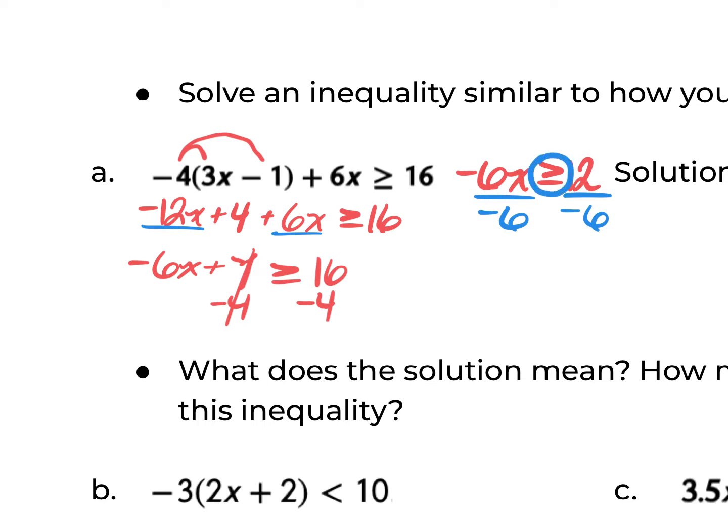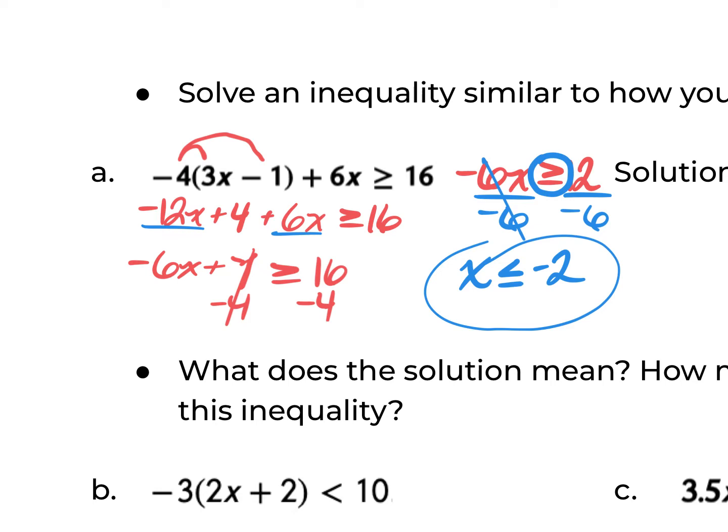That is the primary difference when solving inequalities as opposed to equations. You divide by a negative, you flip your sign of inequality. So we get x is now less than or equal to, well, 12 divided by negative 6 is negative 2. So x is less than or equal to negative 2.